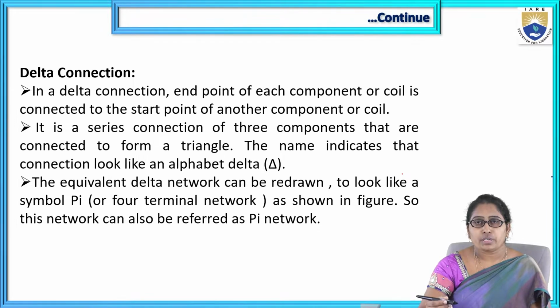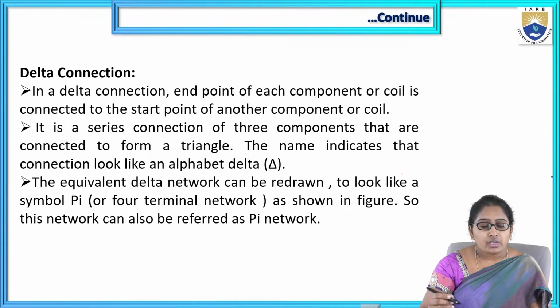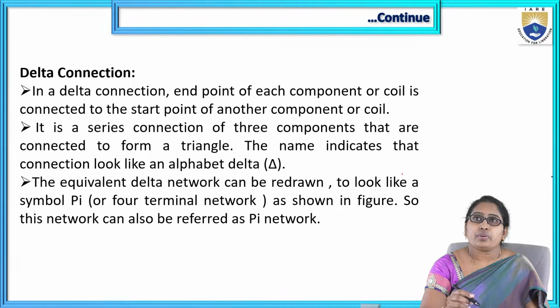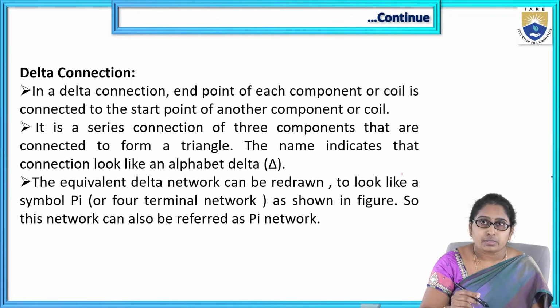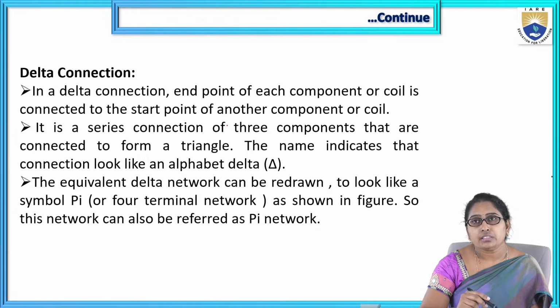We have two terminals, two points: a start point and an end point, or simply first terminal and second terminal. In a delta connection, the second terminal of each component is connected to the start point of another component. So that is a delta connection.